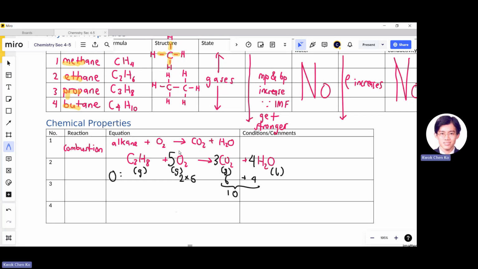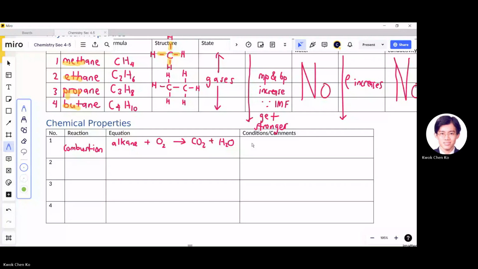Now, just a few more things, conditions and comments. Can you add in combustion is always exothermic? And the way I wrote the products, CO2 and water, I assume complete combustion.